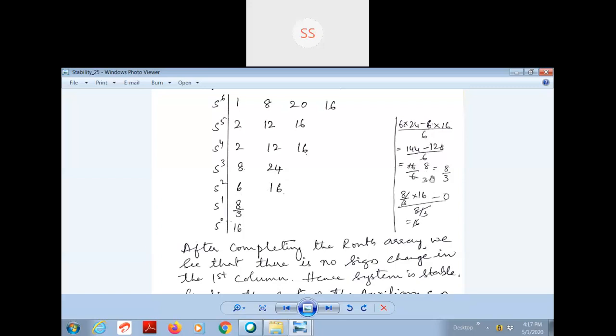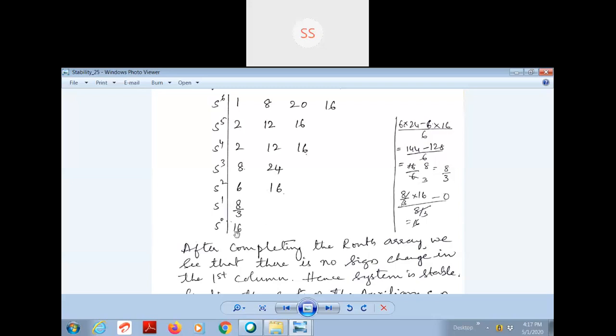Simplifying this, we get 8 by 3. So 6 into 24 minus 8 into 16 divided by 6 gives 8 by 3. The next term is 0 because it is 6 into 0 minus 8 into 0, so we don't have coefficients here to write a number; leave it blank. 8 by 3 is the only term we have in the s row.